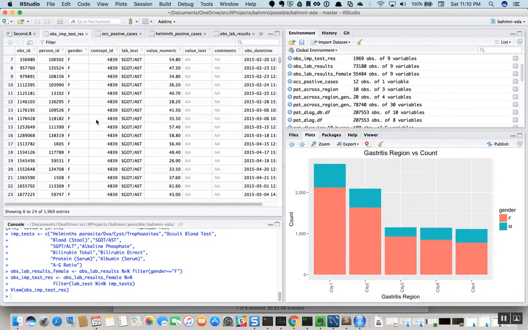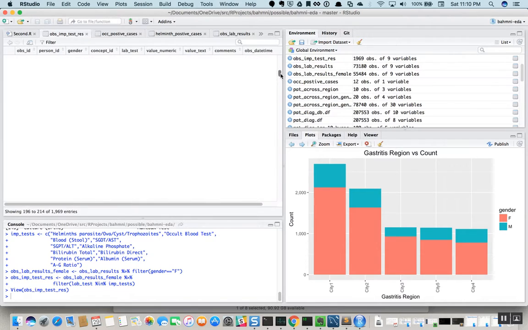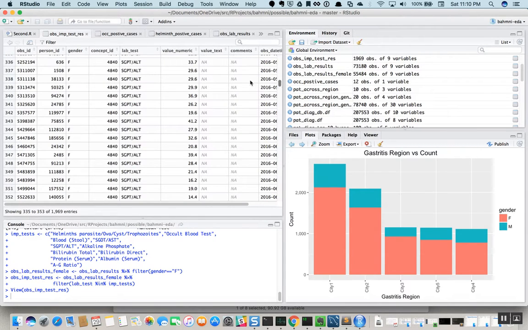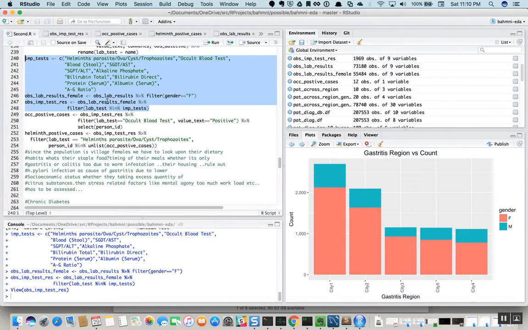For some patients the SGOT test has been done, but for some patients it is not. Given that it's a low resource area, not all tests are performed on all females having gastritis. It also depends on the diagnosis and what the doctor thinks based on the history.